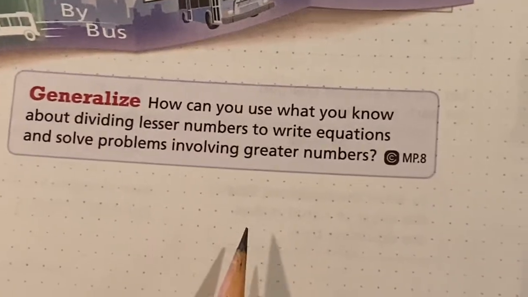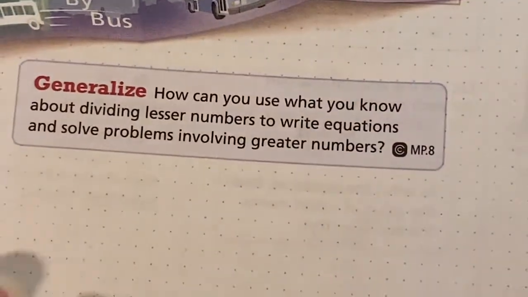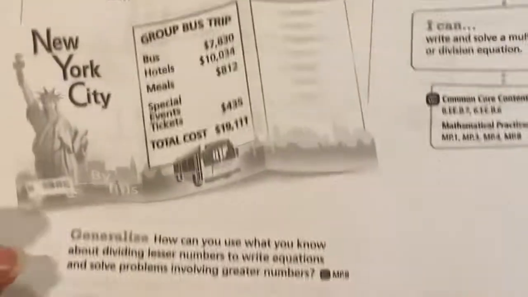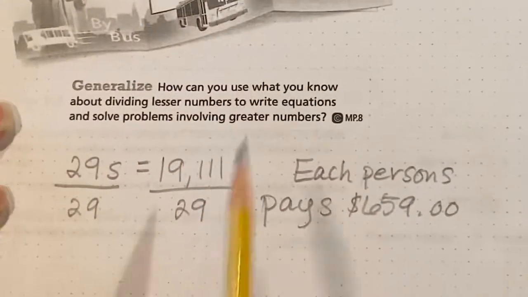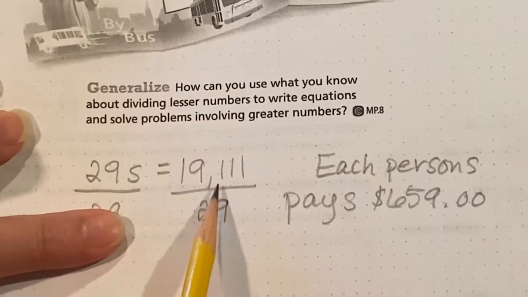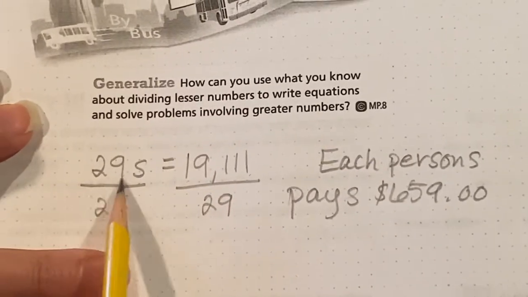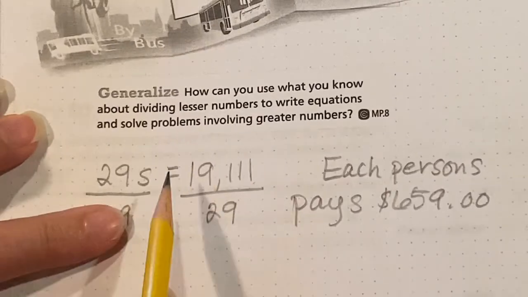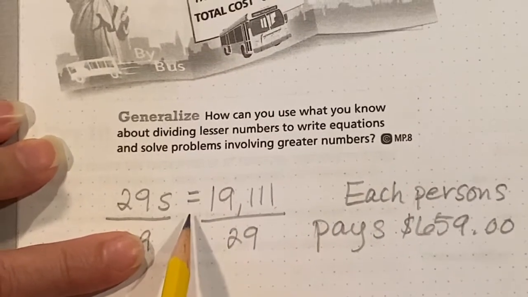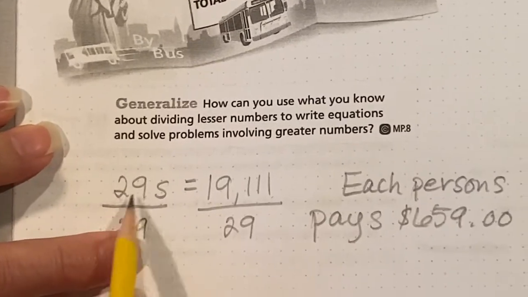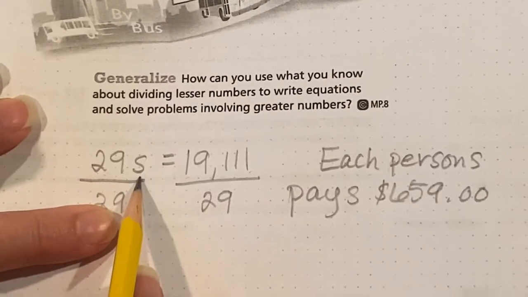It just means you divide, right? So what we will do here is take $19,111, and then we know there's 29 people going on the trip, and S is the share that each of those 29 kids will have to pay.